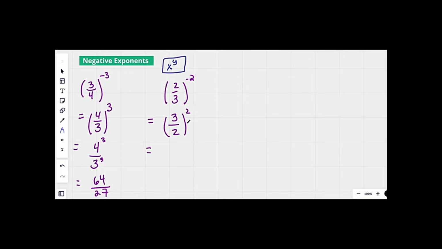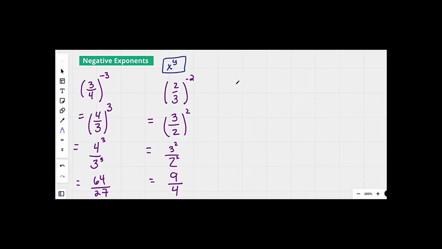Now we have to apply it to both the top and the bottom. So our fraction becomes 3 to the power of 2 over 2 to the power of 2, which is 9 over 4. Okay, because 3 times 3 is 9, 2 times 2 is 4.